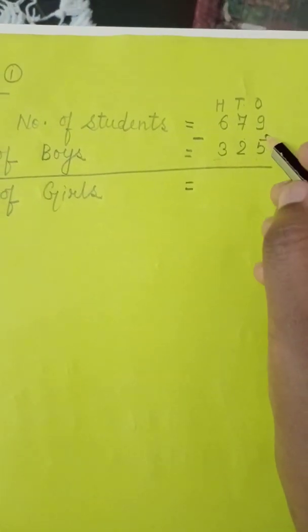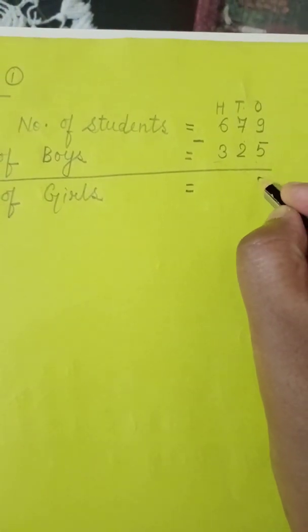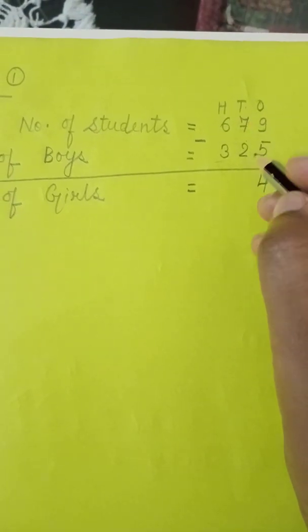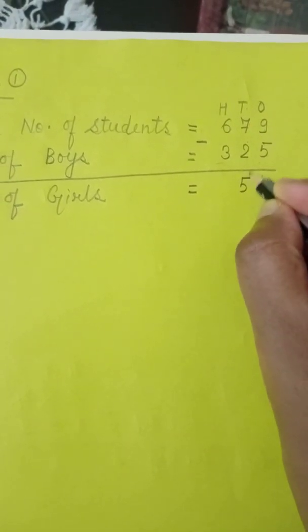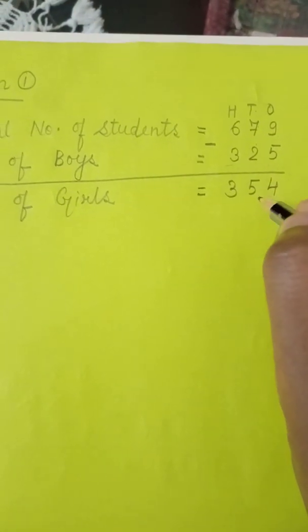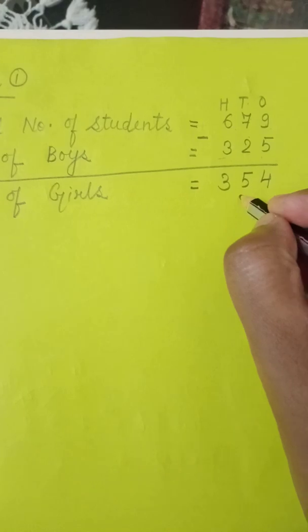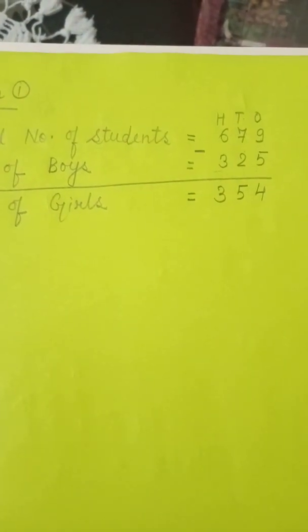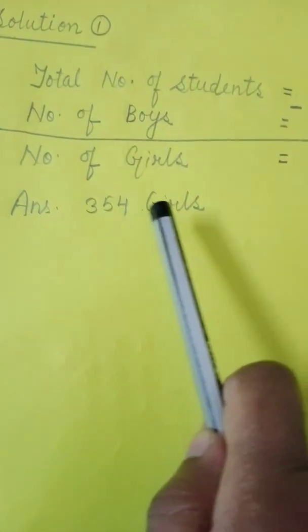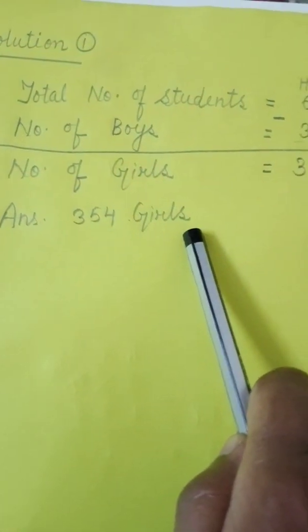Then subtract. 9 minus 5 is 4. 7 minus 2 is 5. 6 minus 3 is 3. So your final answer is 354. Similarly, write the answer 354 girls.